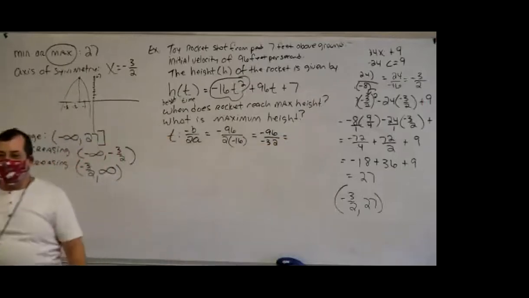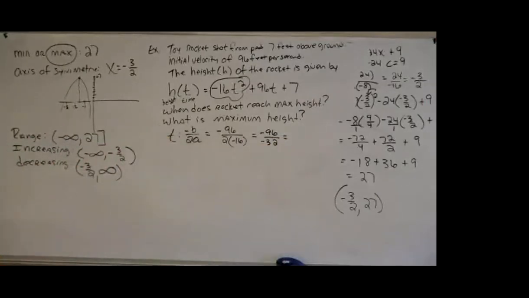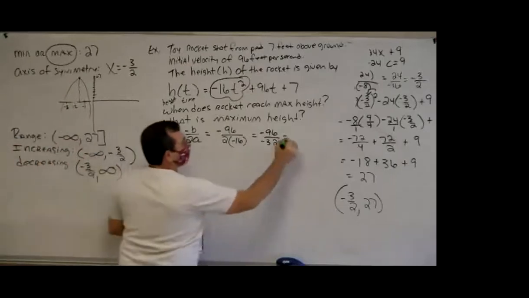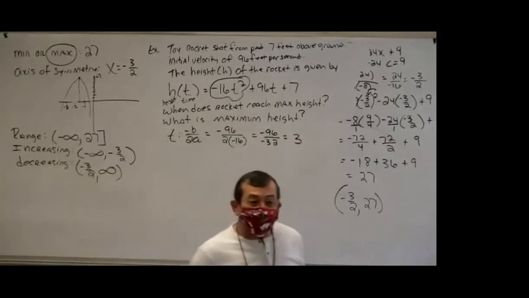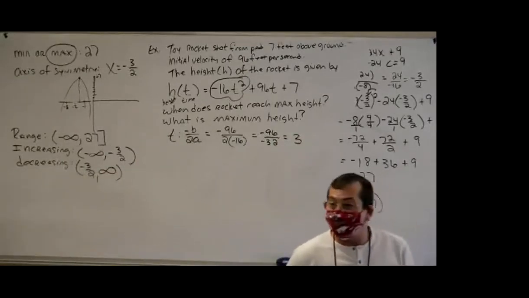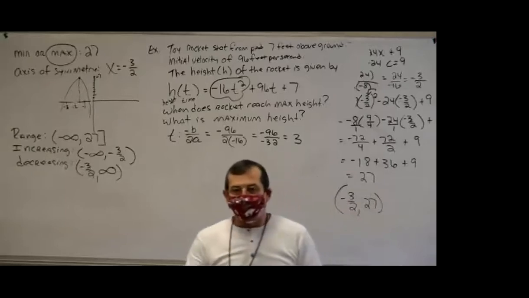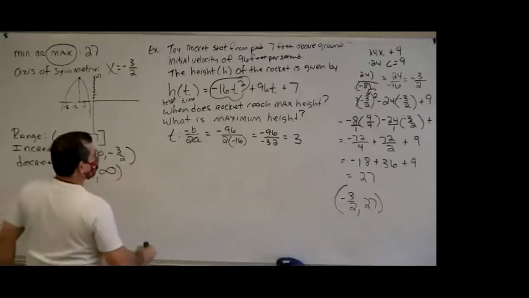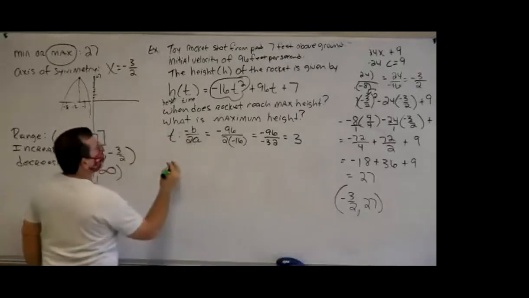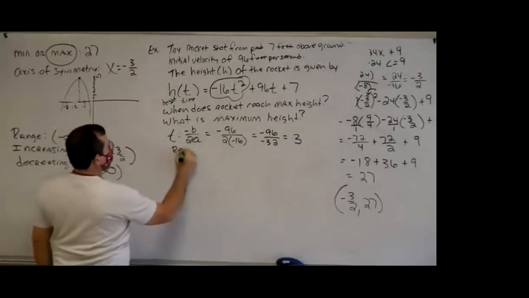Woo, might get me a good number, because I know 96 divided by 32 is 3. That tells me my rocket reached maximum height in 3 seconds. And then the other 3 seconds was coming down. So, it reaches maximum height in 3 seconds.